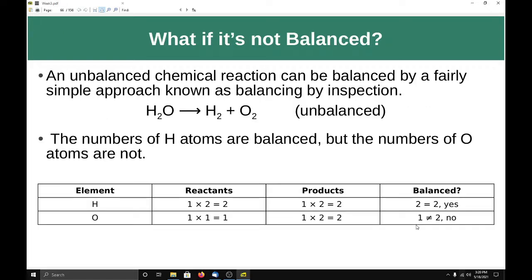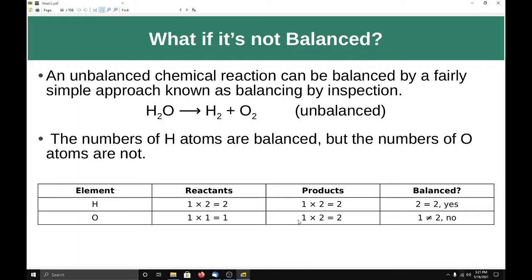Let's look at one that doesn't. So in this case, if we look at the reactants, we have 1 times 2, 2 hydrogens on this water molecule, and only 1 oxygen on that water molecule. On the product side, we have the 2 hydrogens, and we have 2 oxygens.